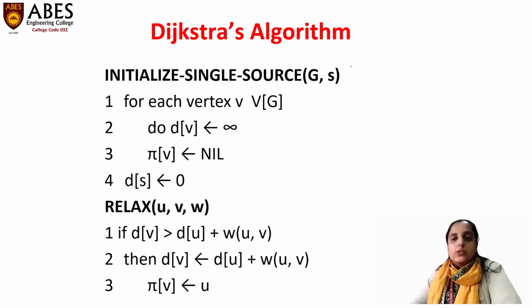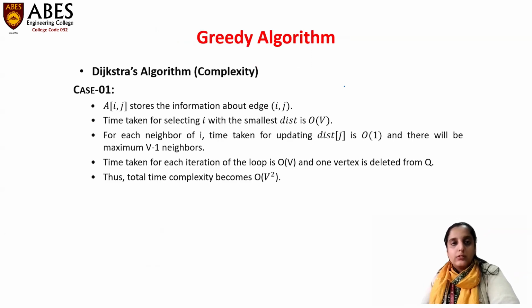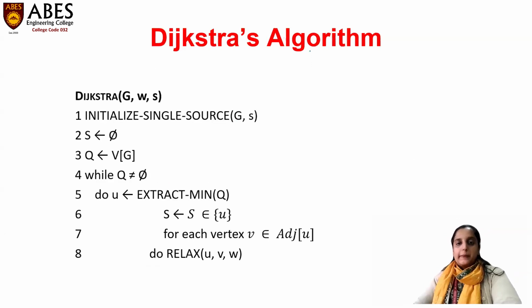In this algorithm, initially we pass three parameters inside the function. The first parameter is the graph G, then the weight matrix, and the source node.